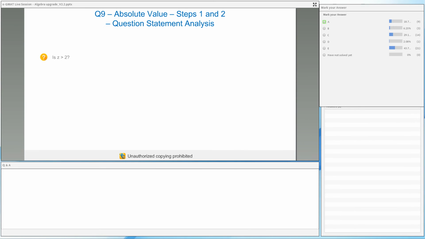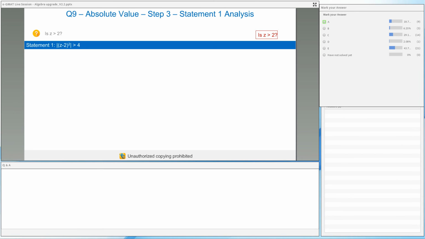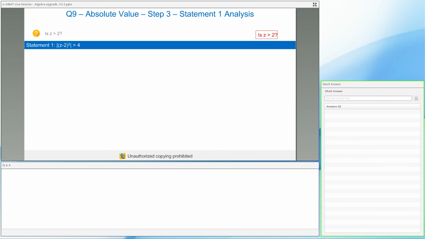So I need to find out if Z is greater than 2, and I have not been given any constraint or other information, so I can simply jump down to each and every statement. The first statement is mod of Z minus 2 whole square is greater than 4. Now tell me, is there any use of the mod here, or is it redundant? Isn't Z minus 2 whole square already positive?